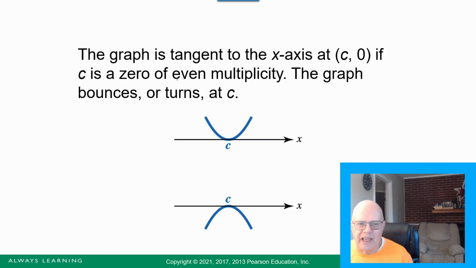If it has an even multiplicity, if you've got x minus c factored, and this is a 2 or a 4 or a 6 or any even one, then it's going to turn at c. It might be turning from going down to going up, or from going up to going down, but it's going to turn around at c.